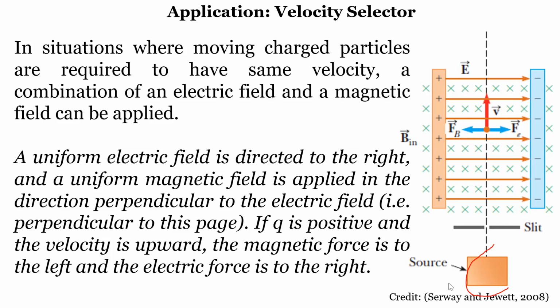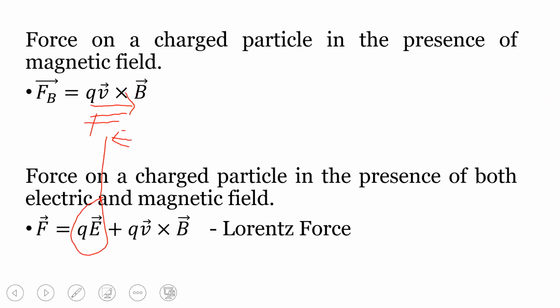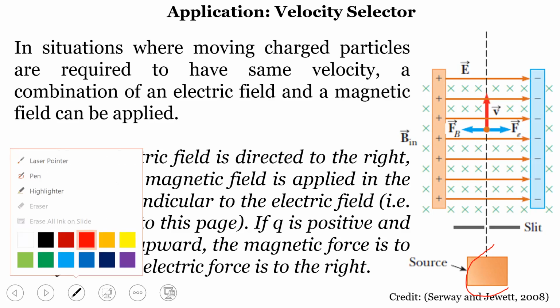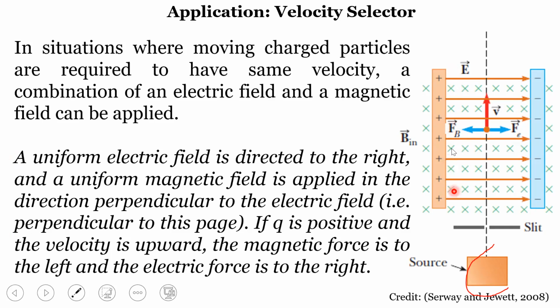So in the last class, we spoke about the applications of electric and magnetic fields, where we spoke about the velocity selector, describing the crosses on the screen as the direction of the magnetic field pointing into the screen, and the electric field pointing from the plate on the left-hand side to the plate on the right-hand side.